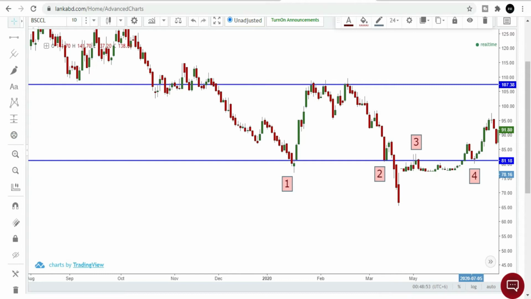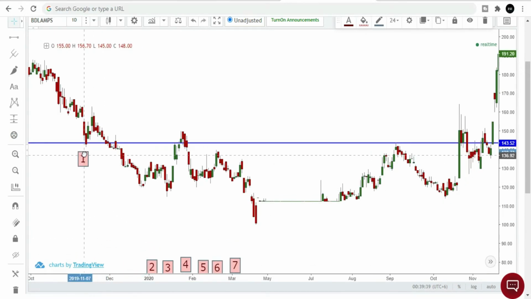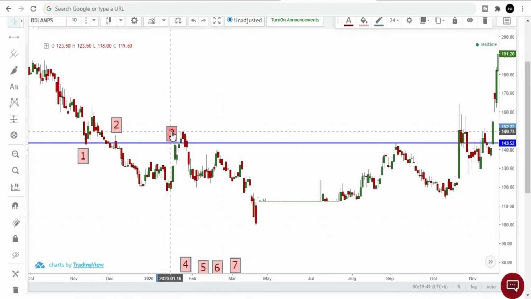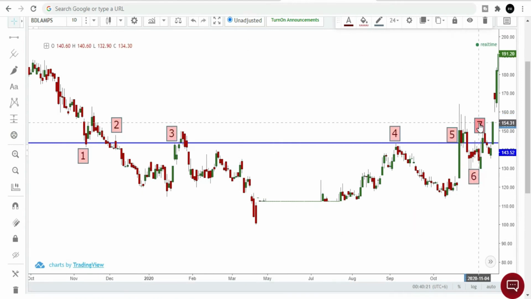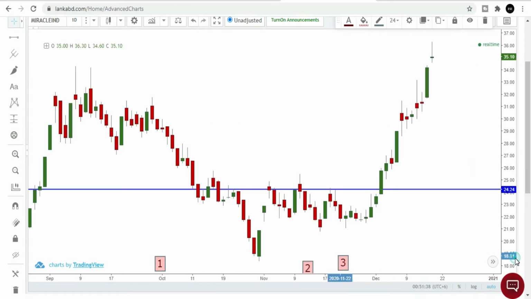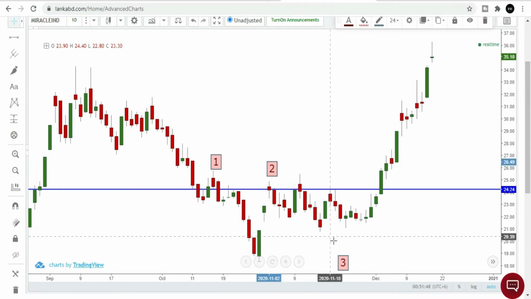Again, look here, we have 1, 2, 3, 4, 5, 6, 7 touches. And here we have 1, 2, 3 touches.